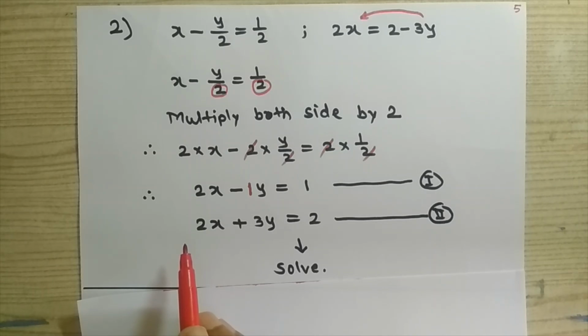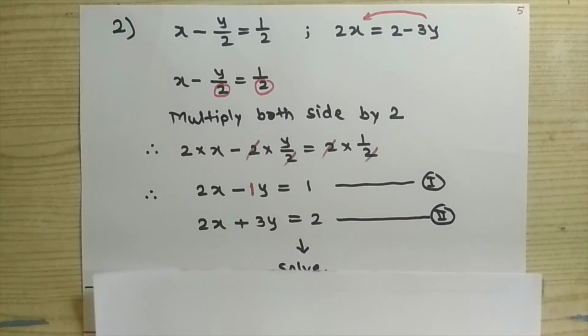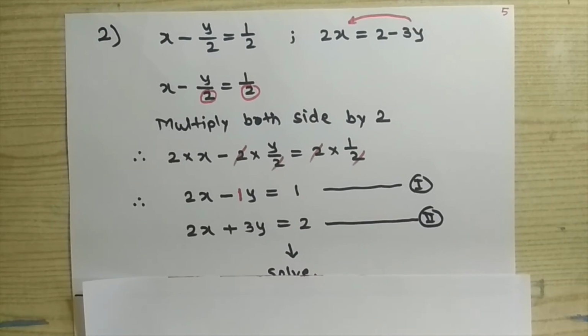Then we use Cramer's rule: x is equal to Dx upon D and y is equal to Dy upon D, and solve. Such examples are important. That's all.